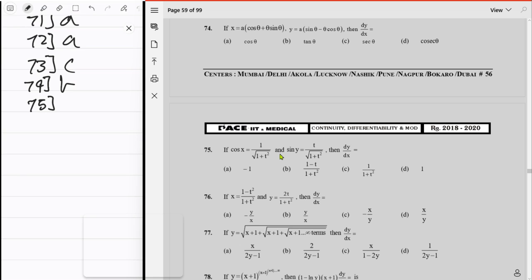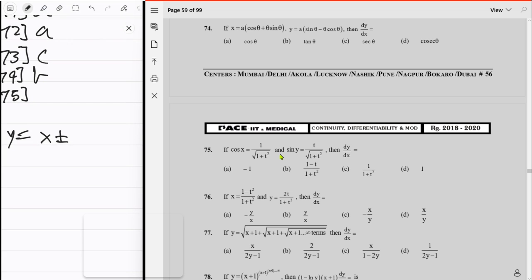There's not a lot of ways that this could happen. The way this would happen is if you have y equal to x plus minus pi upon 4, right? Sorry, what am I doing? Plus minus n pi. That's what I should have done.